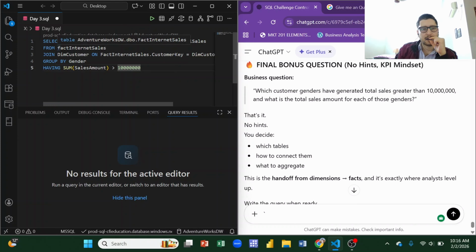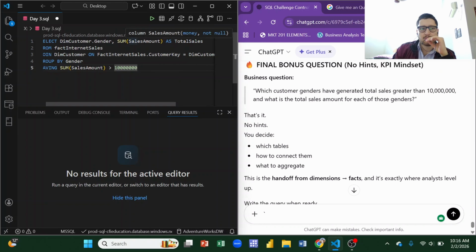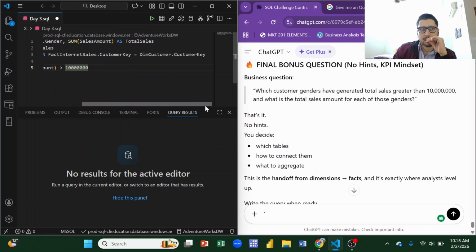As I will also be working on gender, which exists in the dimension table of customer, I selected the gender column from the customer table, and then I summed the sales amount from the fact internet sales as total sales. After that I used a join, and joined the customer table on the fact internet sales table based on the customer key, which is common for both.